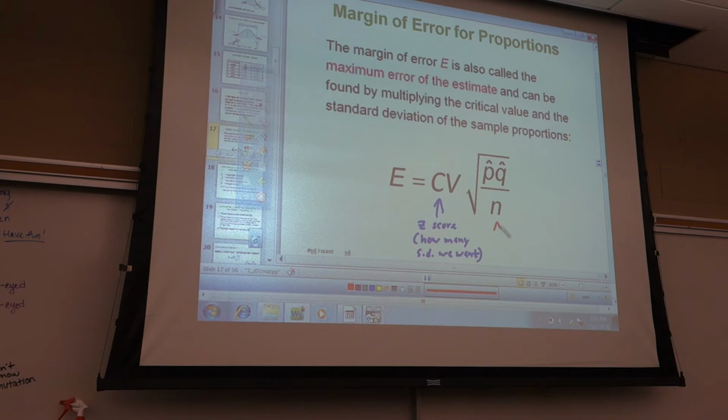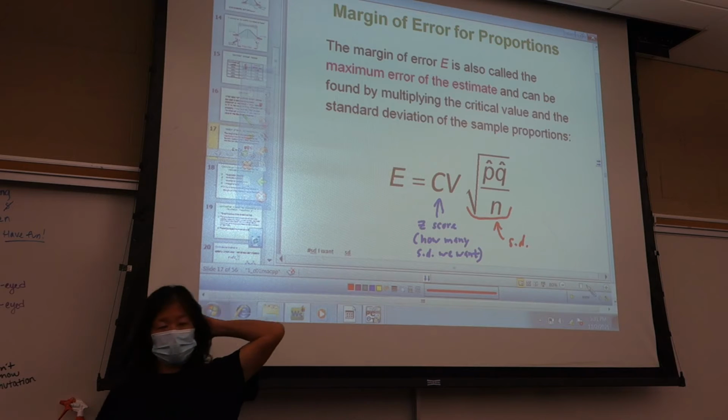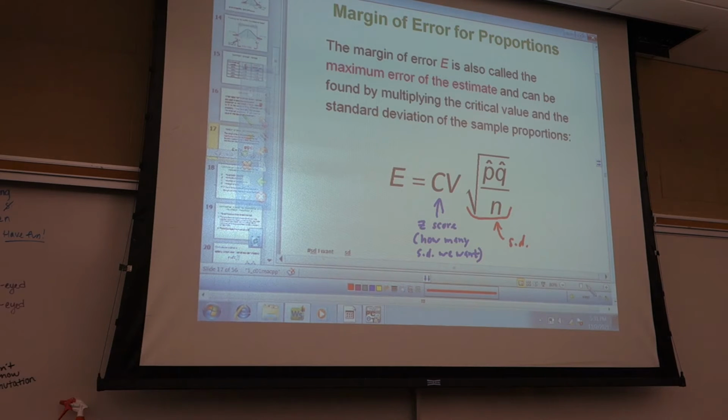And this here is our standard deviation. So let me put this into your notes. Okay. The critical value is a z-score.